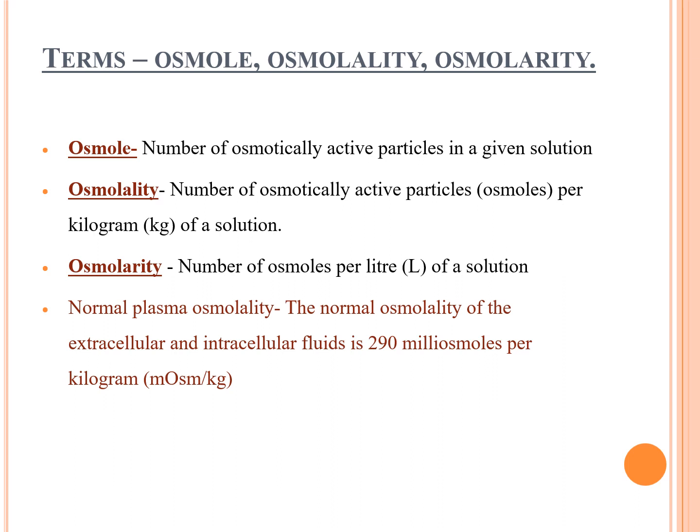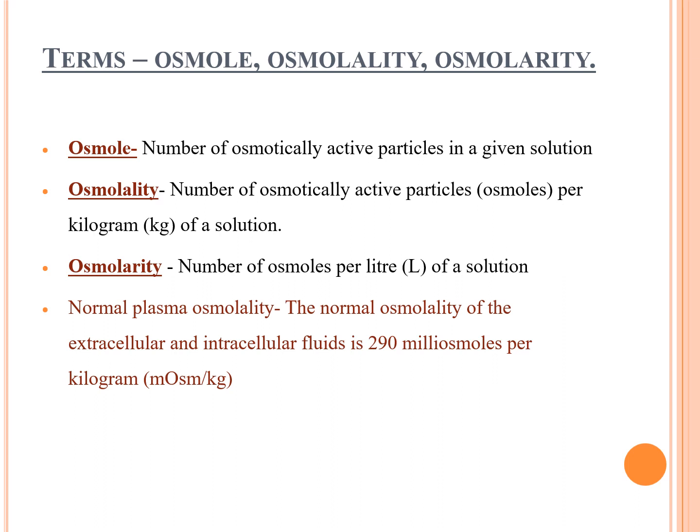And these are the terms which we must know: osmol, osmolarity and osmolality. What is osmol? The number of osmotically active particles in a given solution. So osmotic pressure depends on this osmol, the number of osmotically active particles in a given solution. Osmolality is the number of osmotically active particles per kilogram of a solution, and osmolarity is the number of osmoles per liter of a solution.